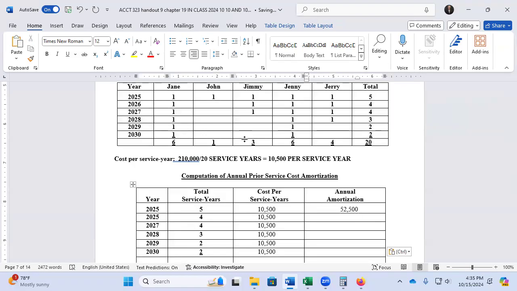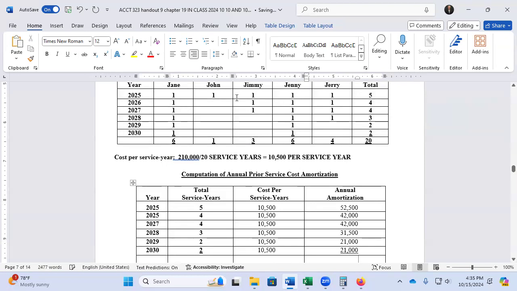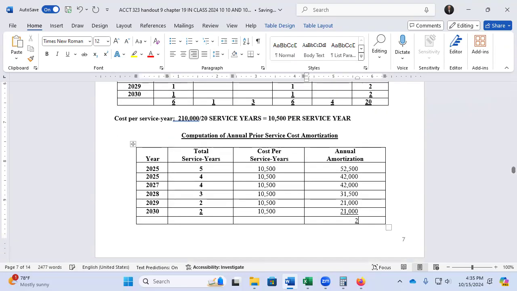And we just need to multiply across. So 42,000, 42,000, 31,500, 21,000, and 21,000. And we should make sure that the total equals our 210,000. So we add it up and hopefully we come up with 210,000.